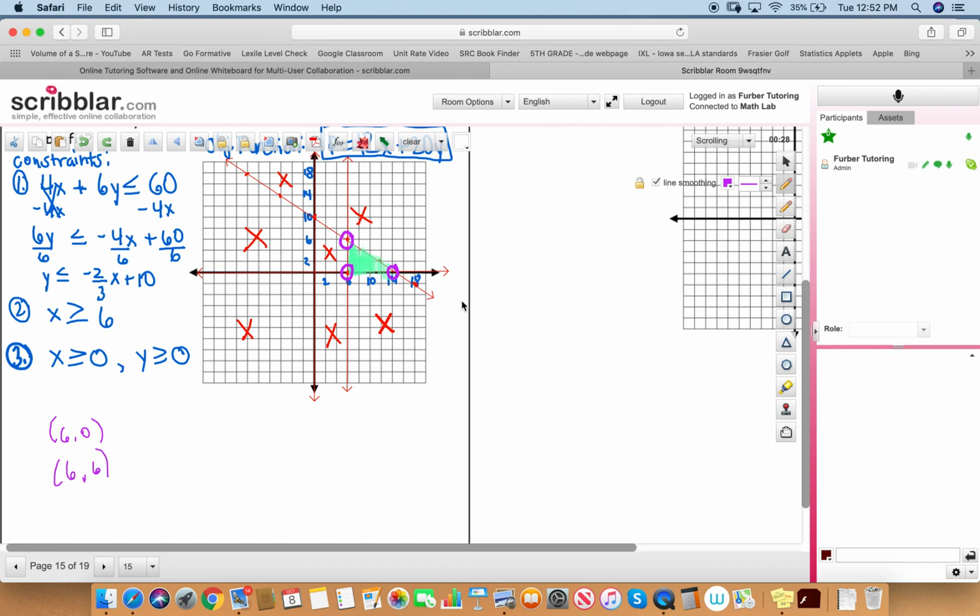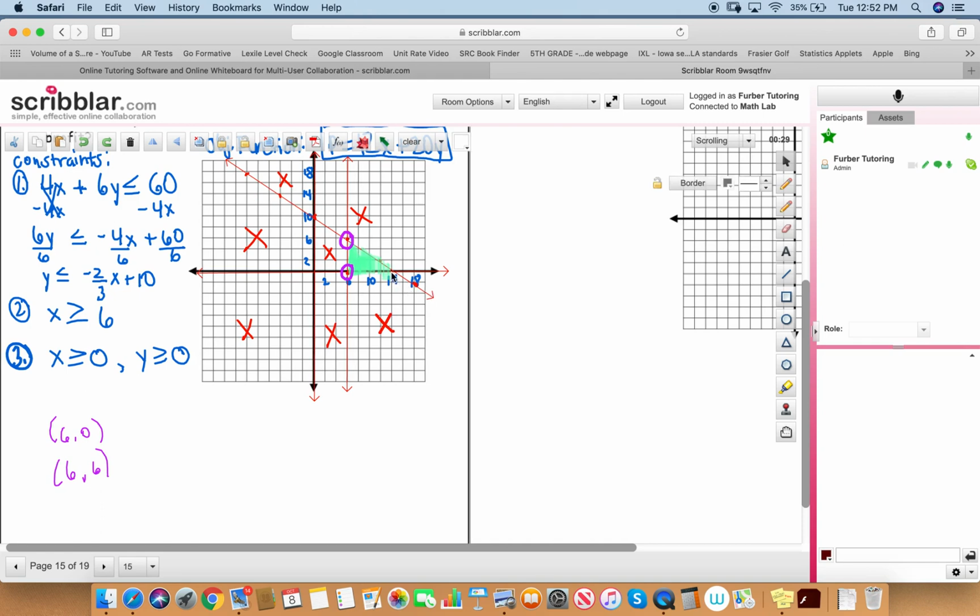And this one here, ooh, that one's kind of hard to see. Hold on, let me get that off a little bit. Ooh, it doesn't look like it crosses exactly right there. Can't really see it very well.